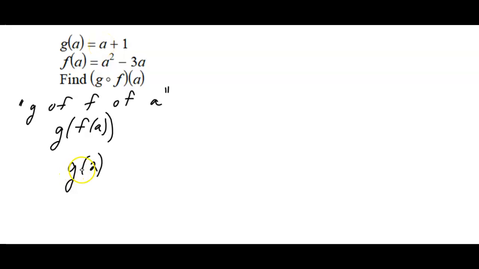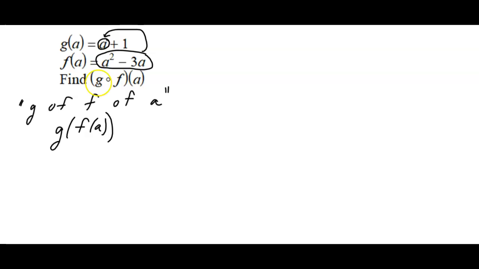Instead of finding g of a number, we're finding g of the other function. So you're going to take that entire other function, this whole thing, a squared minus 3a, and substitute it right there in place of a. So it's still a substitution, but you're just substituting one function in for the other.